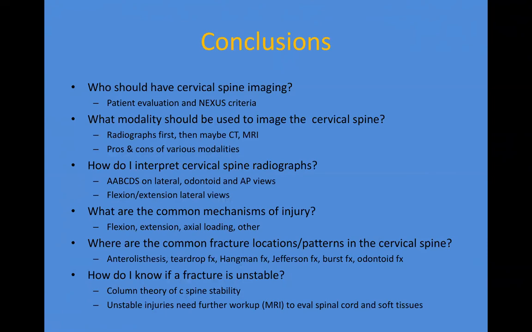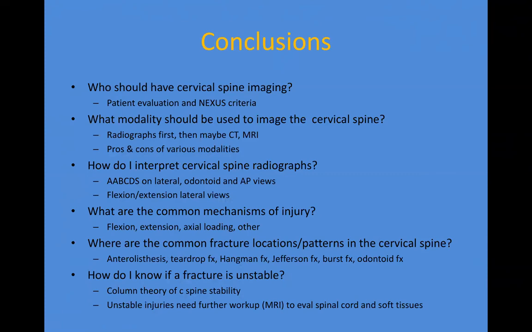How you interpret cervical spine radiographs, I gave you the mnemonic of AABCDS and applying that on radiographs. And then we discussed a couple examples of flexion and extension lateral views and how you can evaluate those. Common mechanisms of injury, so flexion, extension, axial loading, and then other, meaning mixed, where you can't really distill it down to one isolated mechanism of injury.